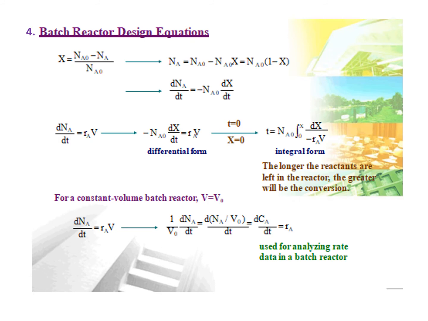So when we put the initial volume in place of the final volume, dNA/dt is equal to RA V, which converts into 1/V0 dNA/dt, that is equal to d(NA/V0)/dt.